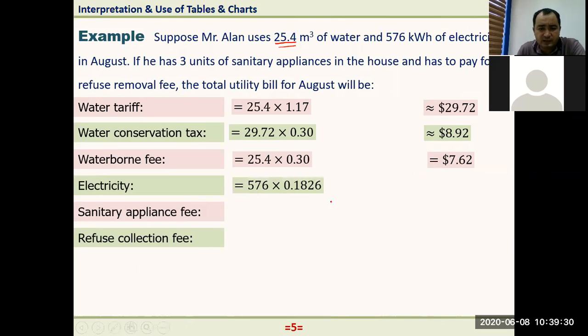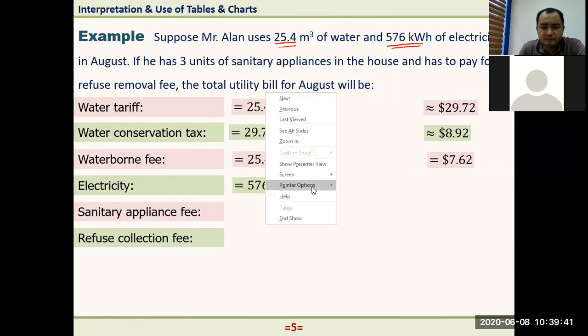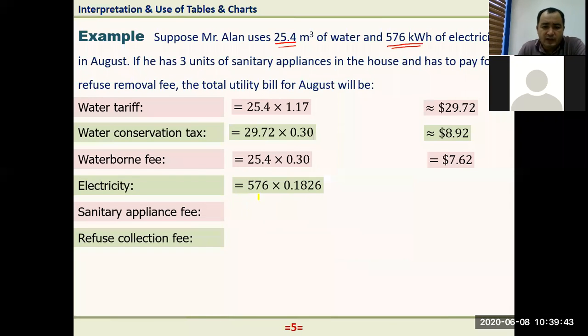Next one is electricity. How much electricity did he use in the month of August? 576, right? 576. And for each kilowatt hour of electricity, it is 18.26 cents. But here we change this into dollars, so we have to divide it by 100 because $1 is 100 cents, right?